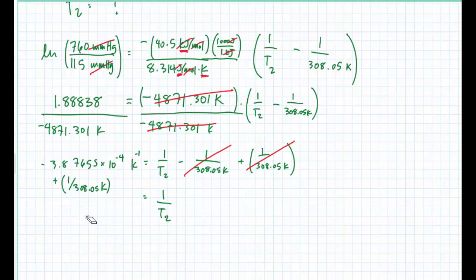Somebody get something for this addition here? 0 point something? Yep, that's what I got. .002855, something like that. Or 2.8585 times 10 to the minus 3, I think. Kelvin. Equals 1 over T2. Okay.